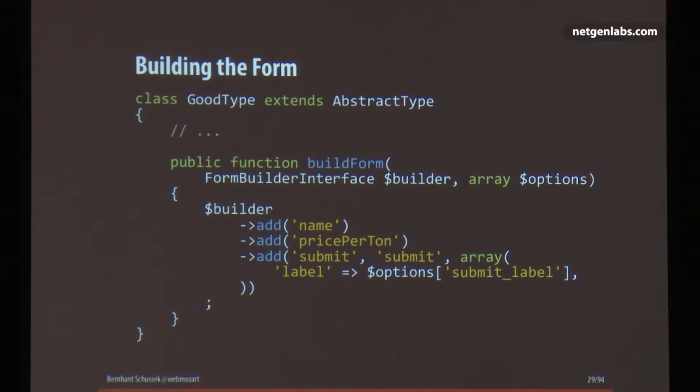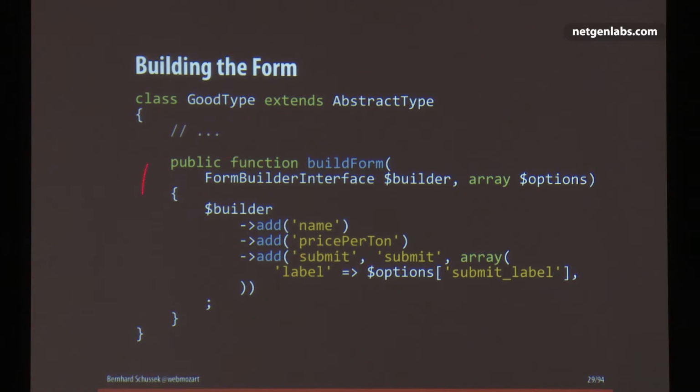You probably also remember that there were some more options that we passed in the controller before. There was the action option and the method option, and we're not doing anything here with them. The reason for that is that Symfony is already providing these options internally. I will show you later on how that works. And Symfony is already using these options and calling set action and set method on the builder for us.